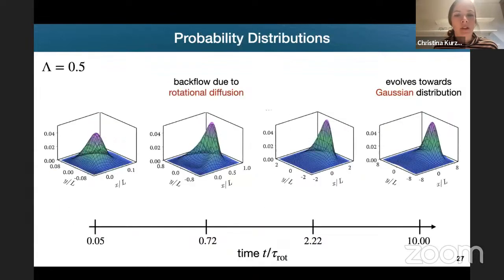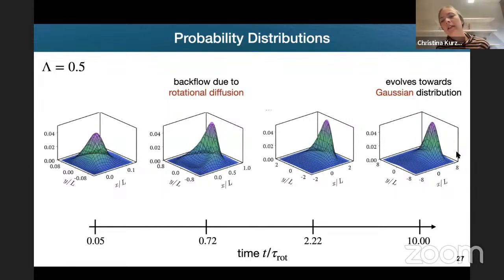So what we can do now is transform the ISFs back to real space, and we can compute the full distribution semi-analytically. And so here you can see the distribution as it evolves over time. I think this one here is quite interesting because you see that the distribution moves along the x direction, along the resetting direction, but you also see these features that there's some probability that the cells have actually moved backwards, right, due to rotational diffusion.